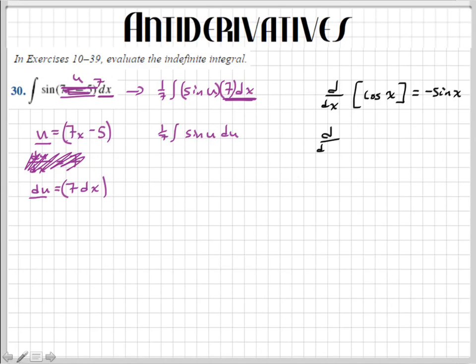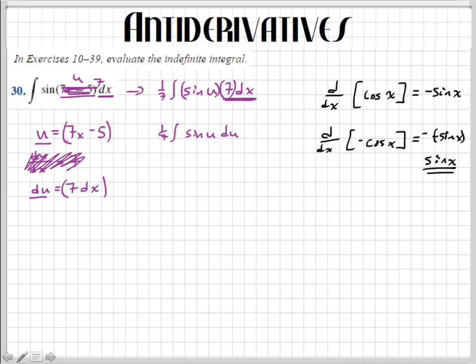Well, if we took the derivative of negative cosine x, that would give us negative sine x, where the negatives would cancel out, so then we'd have a positive sine x, which is what we have in our problem. So to take the antiderivative of sine x, we would get negative cosine x.